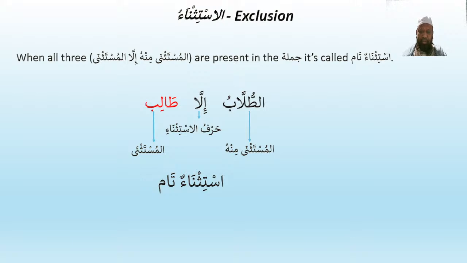As we've learned, the al-mustathna minhu, as long as it is before illa, doesn't matter how far from the illa. But the mustathna has to be muttasil with illa. It cannot be far away from illa. It has to be together.